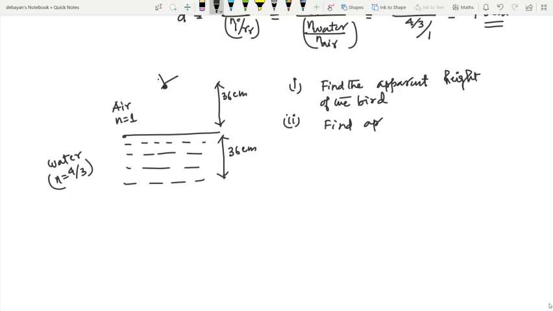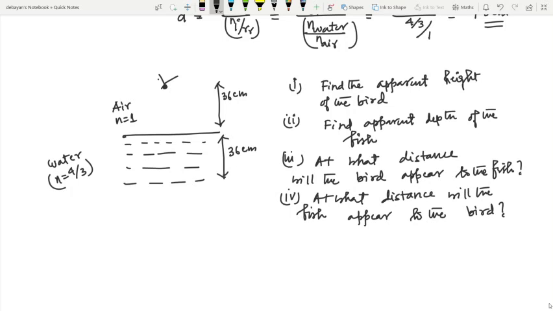Third is, at what distance will the bird appear, and the fourth one is, at what distance will the fish appear to the bird. So those are the four questions that you need to solve.